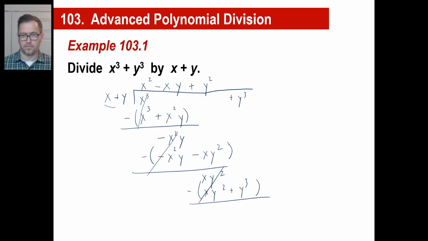Then we have, I should have dropped the y to the third. That goes there, and that gets subtracted as well. So we have no remainder at all. So that goes in perfectly. In other words, x cubed plus y cubed divided by x plus y gives you x squared minus xy plus y squared. Okay, so we'll keep that in mind.